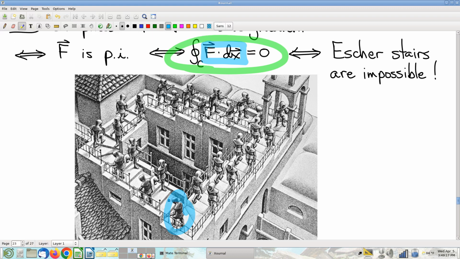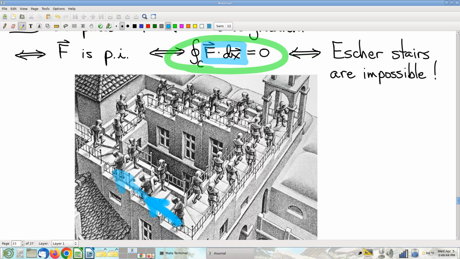So let's look at this person right here at the bottom of the picture. Over the next few steps, what can we say about f dot dx for that person walking along? Well, they're going to be moving uphill a little bit. I can see it right there. He's climbing stairs. So f dot dx on this little piece down here is positive.